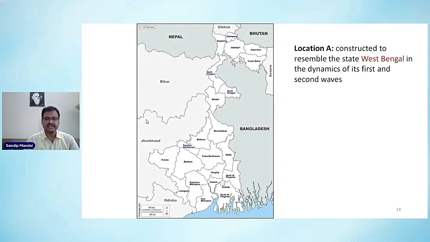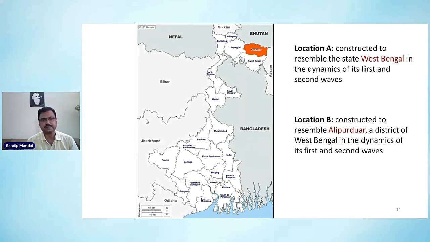So location A was constructed considering the scenario of West Bengal, where in early September last year the seroprevalence was about 7%. But location B is a district from West Bengal, Alipurduar, where early seroprevalence was about 14%.